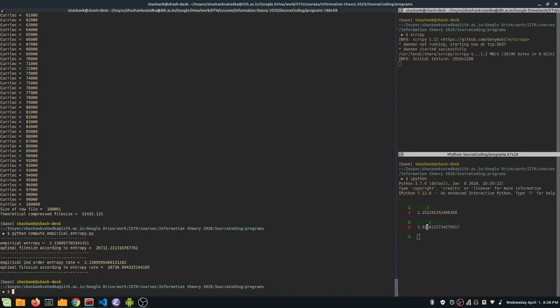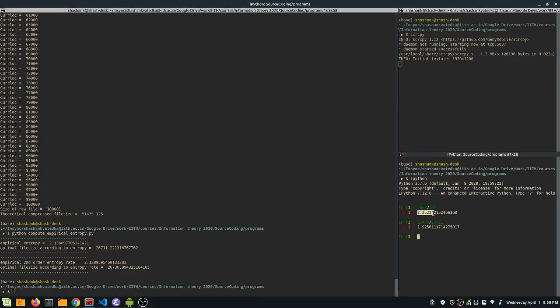So, although I have not practically shown that Lempel-Ziv actually achieves the entropy rate, this should somewhat tell you that it can achieve some measure of compression and can get to the entropy rate as the size of the file goes to infinity.